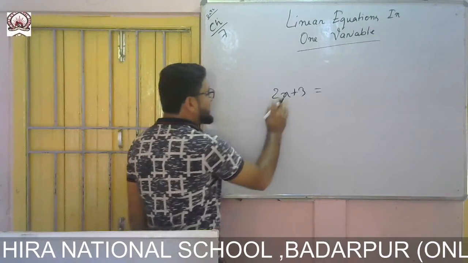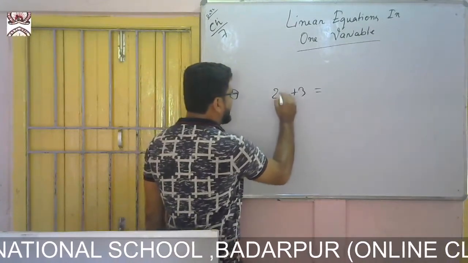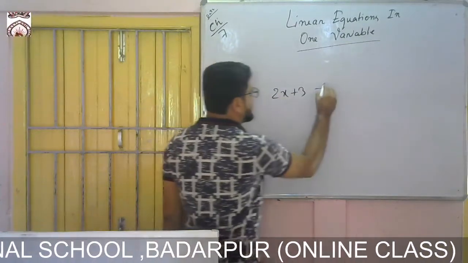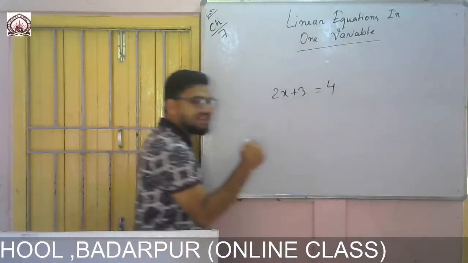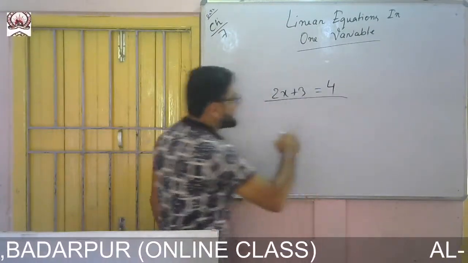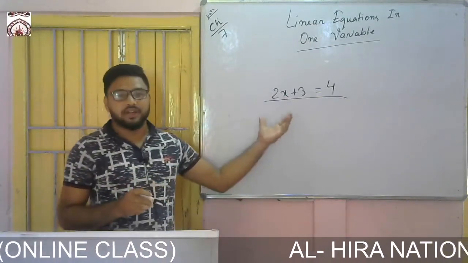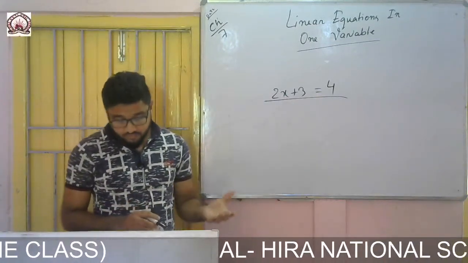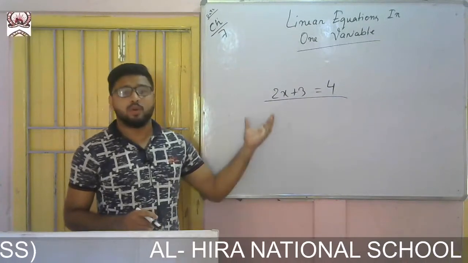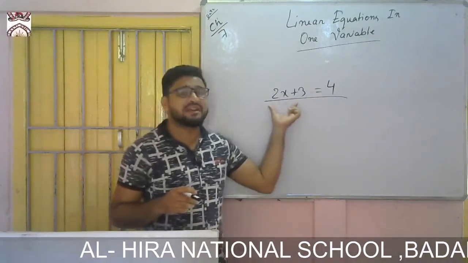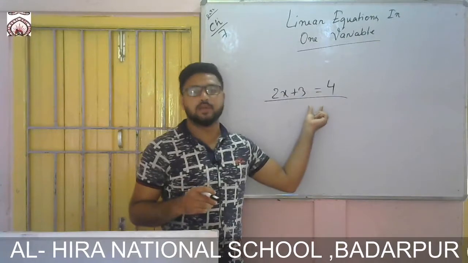Suppose if I write 2x + 3 = 4, then this is an equation. Any equation consists of a left side, a right side, and an equal sign.